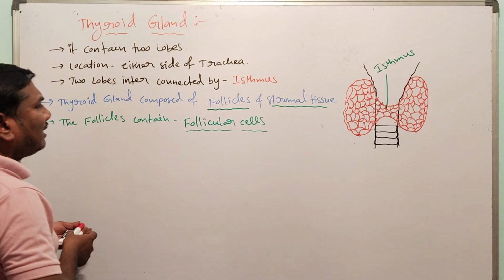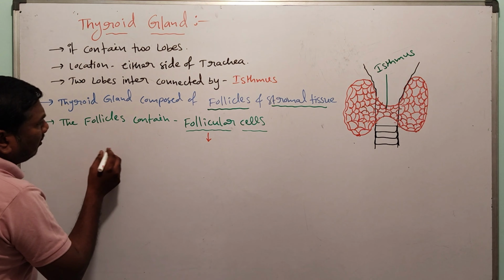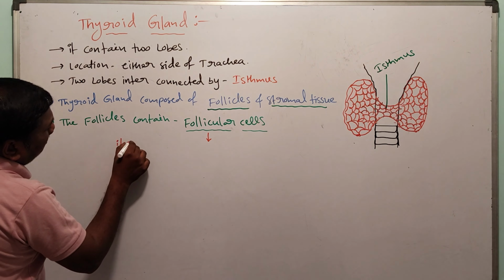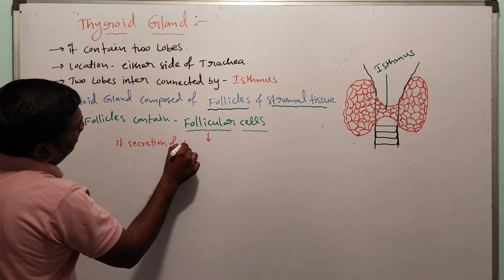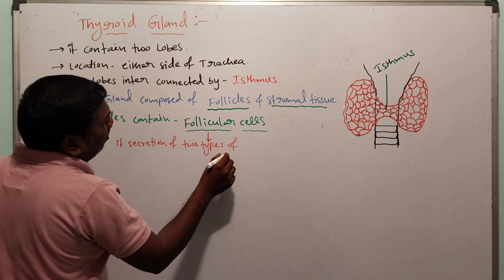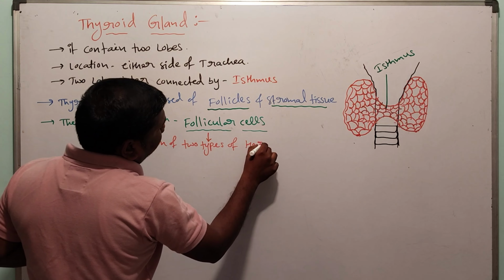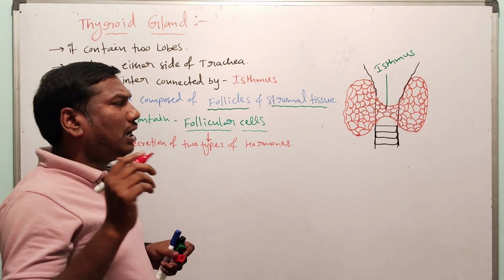The follicular cells secrete two types of hormones.